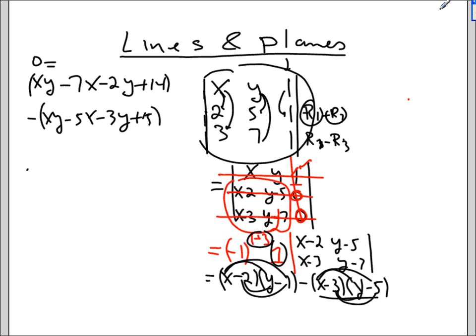Okay. The first thing I'll say is xy minus xy cancels. I saw that, but then I saw other combinations I didn't like. And for some reason, I thought they were xy combinations. We have negative 7x minus negative 3y, that is negative 4y.